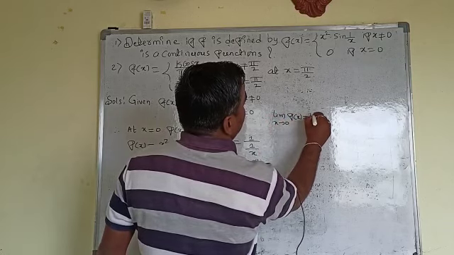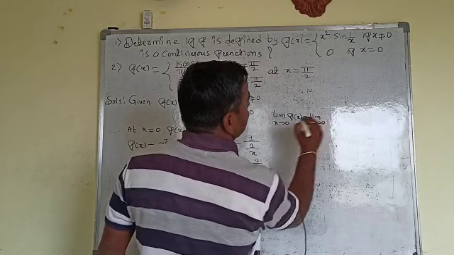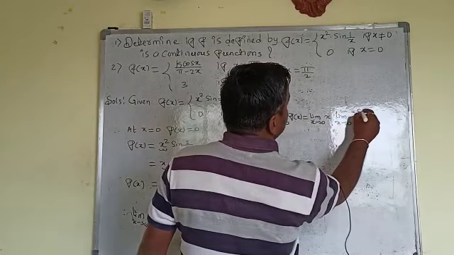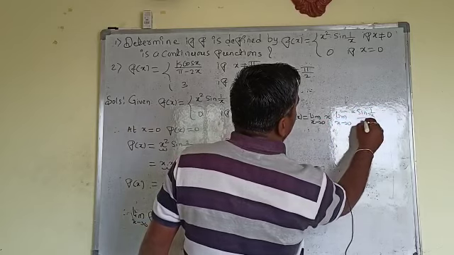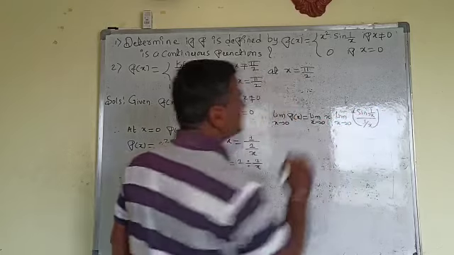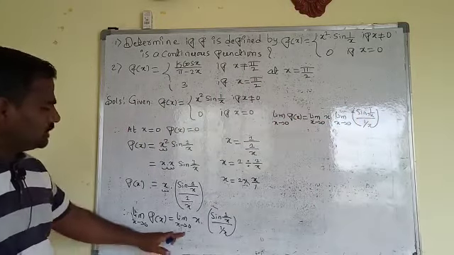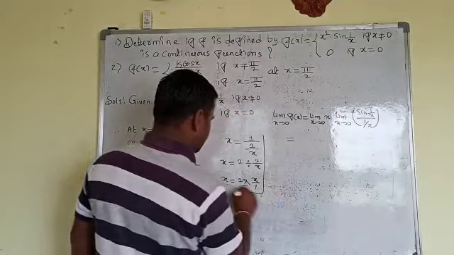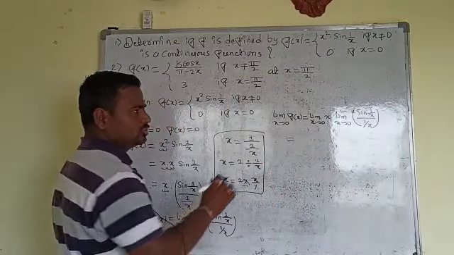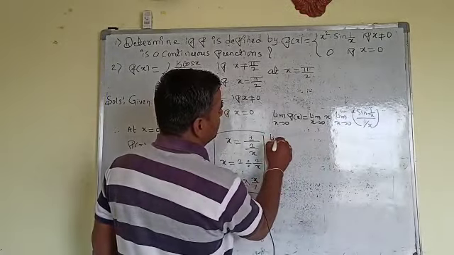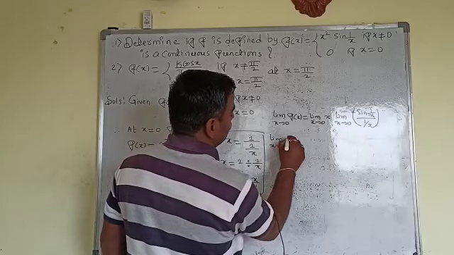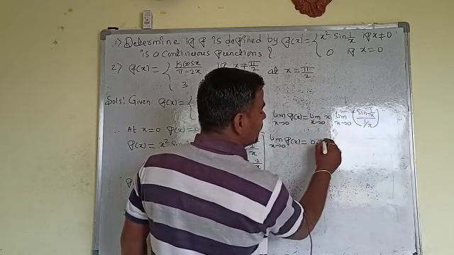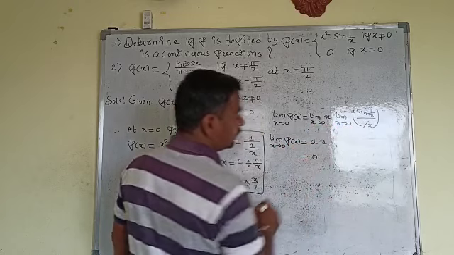This limit separately, individually: limit x tends to 0, x, and limit x tends to 0, sine 1 by x by 1 by x, correct? Individually I can apply the limit. Next are direct values, right? So this is how I am going to take it. Here limit x tends to 0, f of x. This is 0. What about this one? 1. So this means 0.